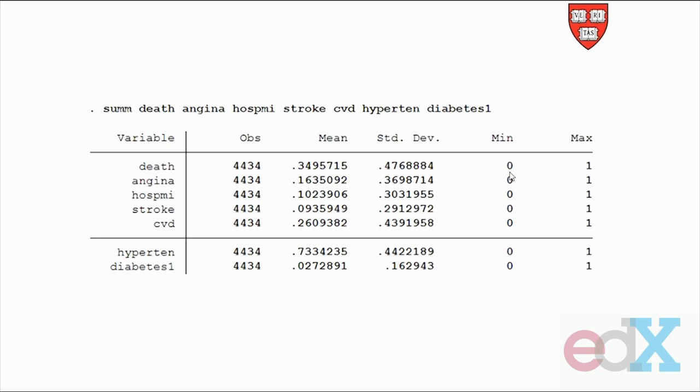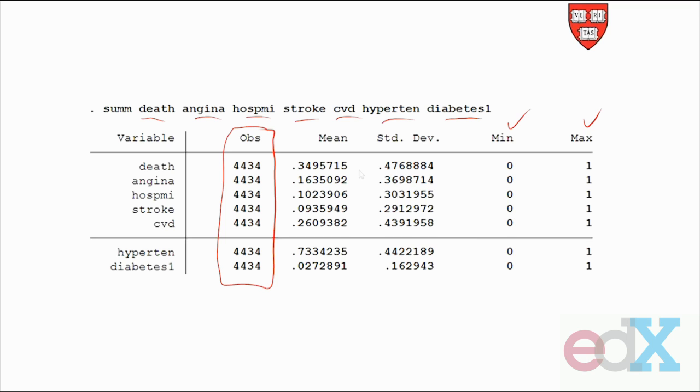So let's do that. So here I've chosen 7 variables from our Framingham Heart study. And these 7 variables are all 0, 1 variables. And here are the answers for the proportions of these variables equal to 1 when we look at all 4,434 people in the study.